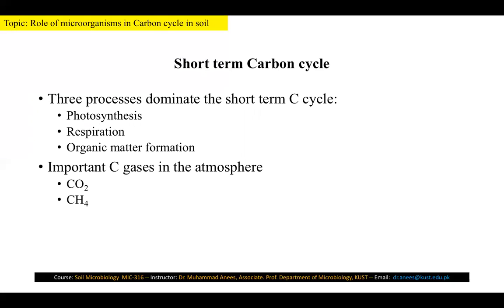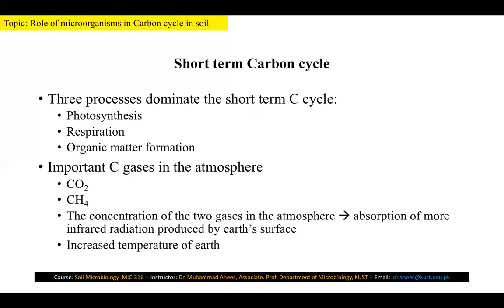The two important carbon gases present in the atmosphere include carbon dioxide and methane, and the concentration of these two gases in the atmosphere has a very important impact on the climate and climatic changes, because if the concentration of these two gases is high, they don't let infrared radiation go out of the atmosphere.